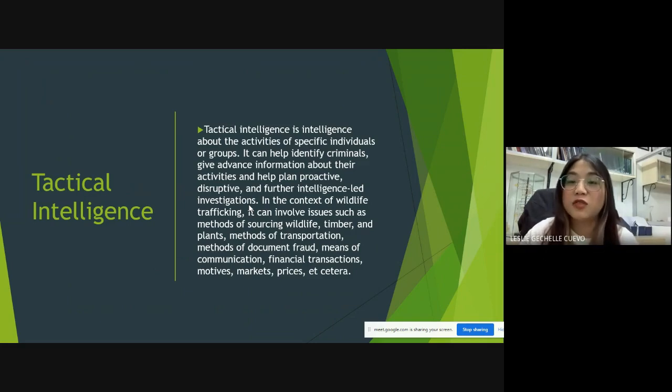In the context of wildlife trafficking, it can involve issues such as methods of sourcing wildlife, timber, and plants, transportation, methods of document fraud, methods of communication, financial transactions, motives ng mga criminals na ito, saan binibenta, markets, prices, and others. So, tactical intelligence pertains to the specific activities of specific individuals. Ano-ano yung mga bagay na ginagawa ng mga grupo na yon o ng mga taong yon. Okay? Activities yon ha.